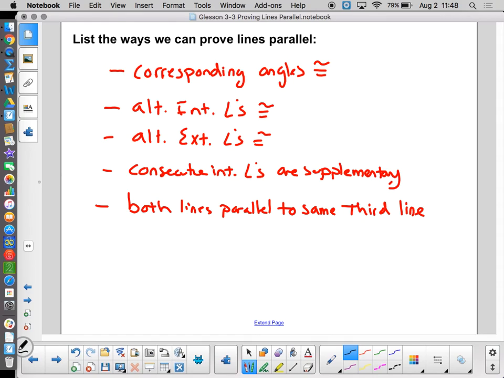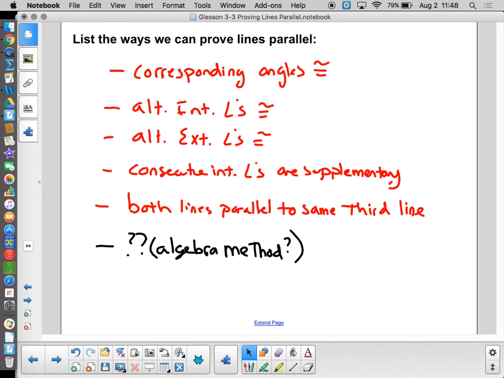In algebra, what measurement told us that lines were parallel in the coordinate plane? I just want you to think about that. We'll look at that later on. All right, well, we'll see you in class.